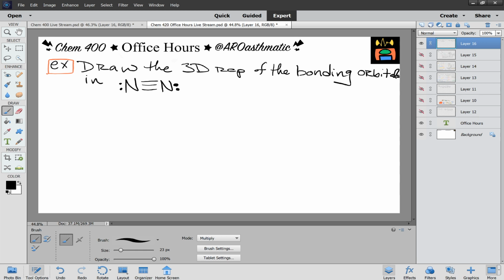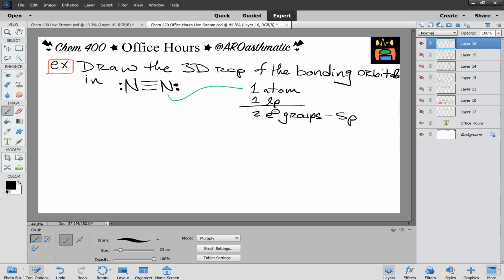So step number one, let's look at our hybridization here. We have one atom and one lone pair, which means we have two electron groups. And when you have two electron groups, your electronic geometry is linear, and your hybridization is going to be sp hybridized.